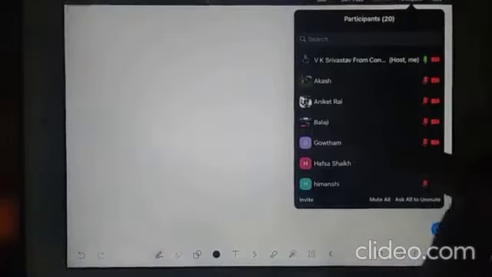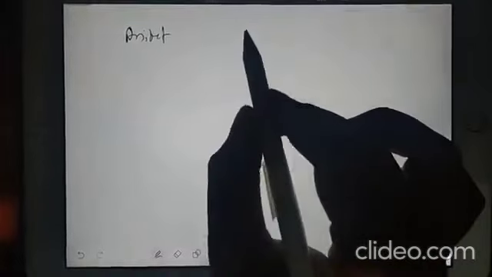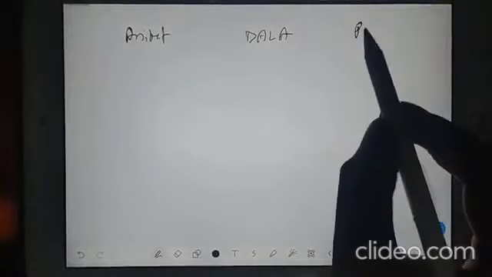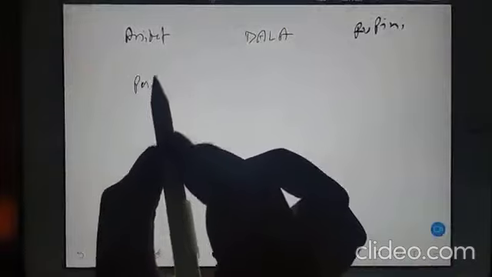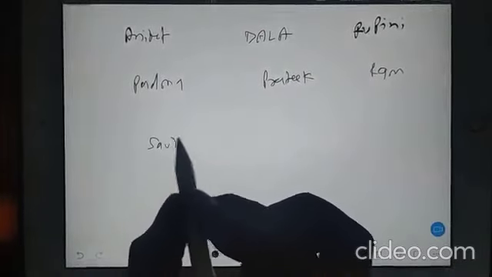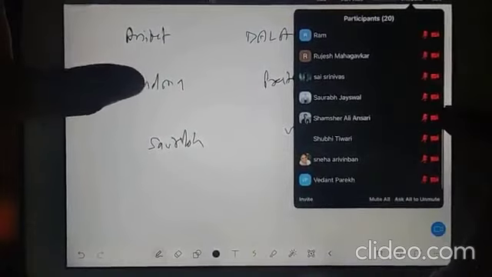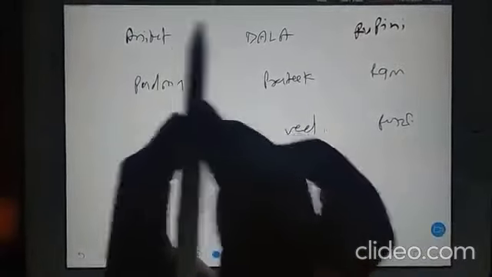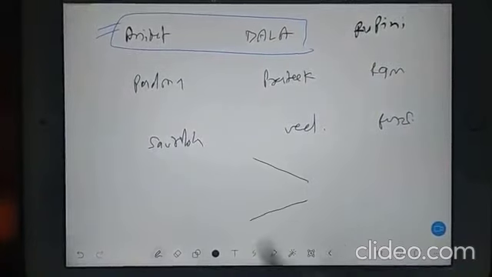I am choosing some names here: Aniket, Bala, Rupini, Padma, Pratik, Ram, Saurav, Vedant, these popular names, and Rujesh. Okay.